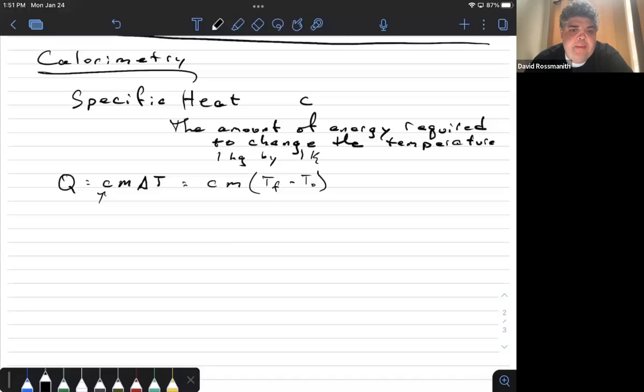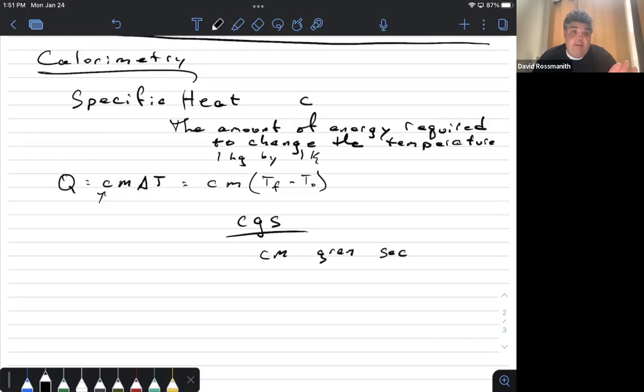That's right. Now, what you're going to see is if you're in chemistry class, you may be using CGS units, okay? And that's centimeters, grams, and seconds. And so in a chemistry class, you still have C m delta T, but you may be using grams as the mass, and the heat may be in calories instead of joules.